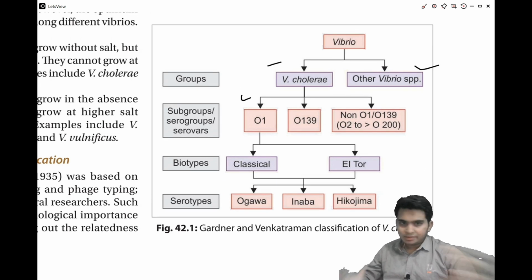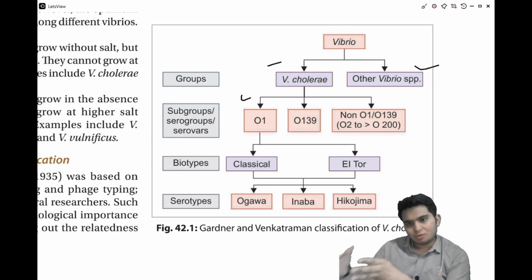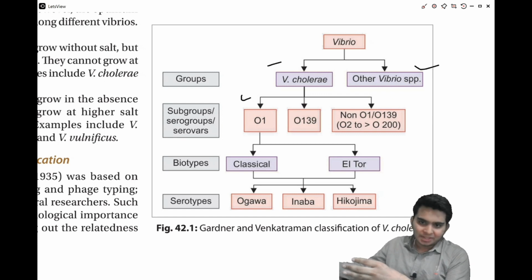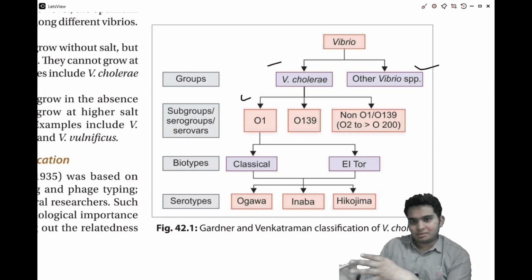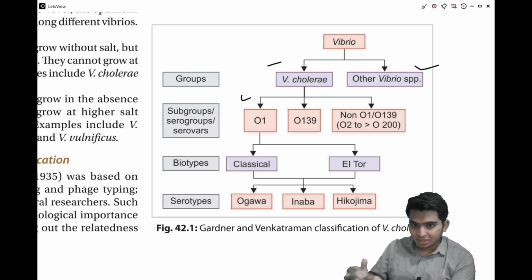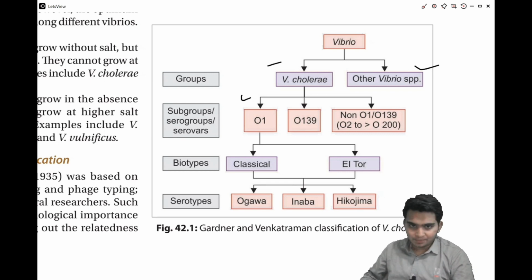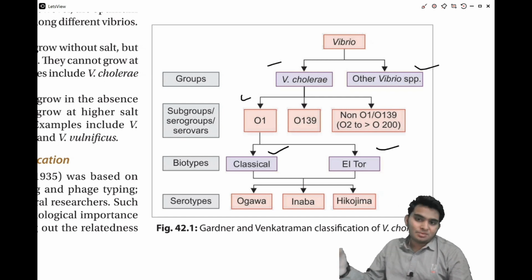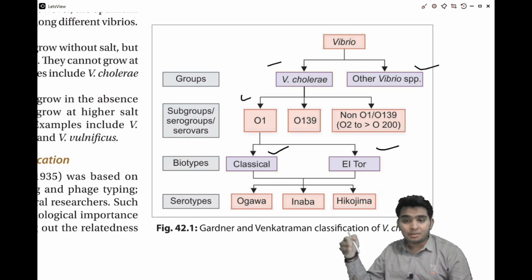Then serogroups are classified as O1 and NAG, and in that O139 and others, known as non-O1 or non-O139. Then the O1 serogroup is further classified by biotyping into classical and El Tor. The classical biotype is responsible for the 6 pandemics worldwide, while El Tor is responsible for the 7th pandemic of cholera.